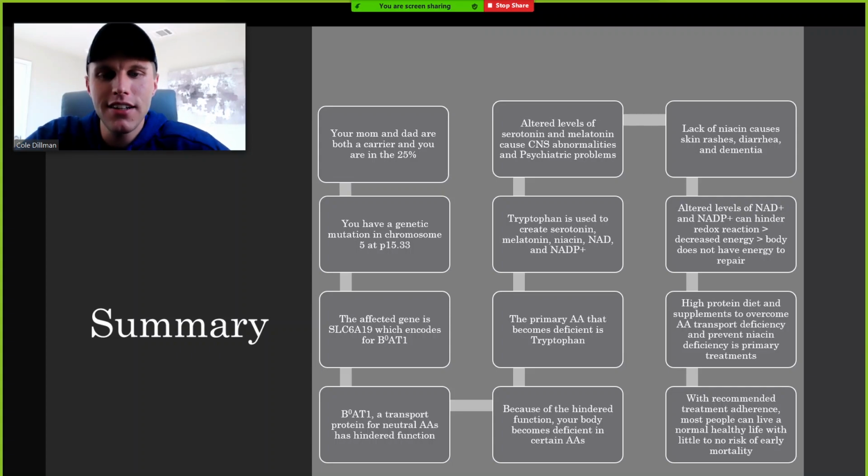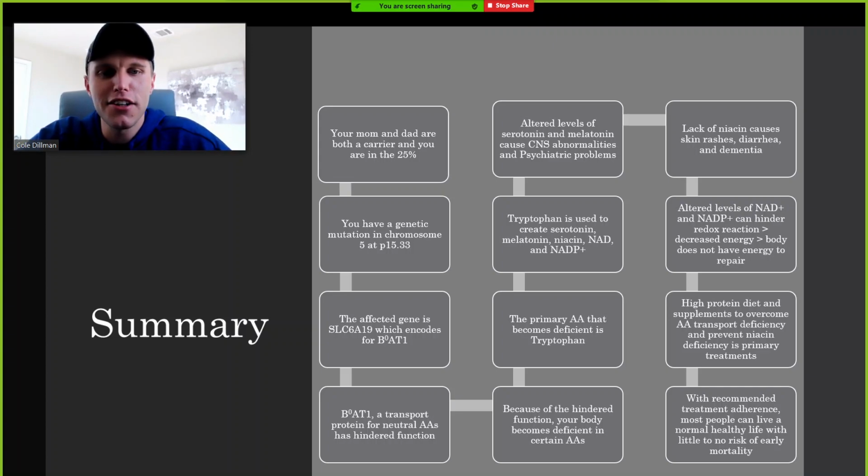The affected gene, SLC619, encodes for B0AT1. B0AT1 is a transport protein for neutral amino acids, which has a hindered function. Because of the hindered function, your body becomes deficient in certain amino acids. The primary amino acid that becomes deficient is tryptophan.